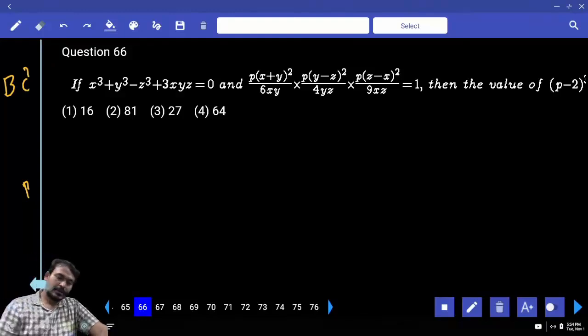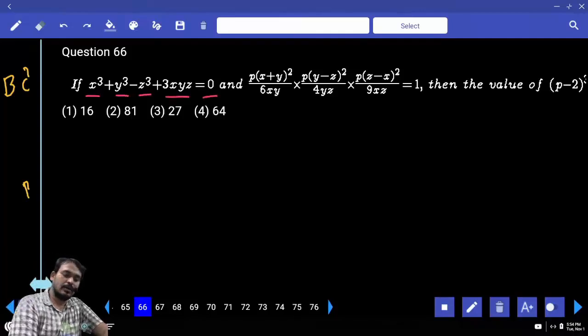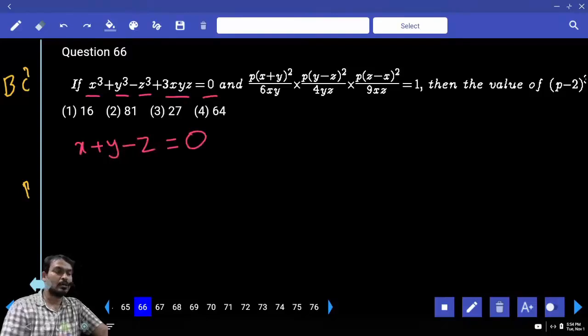Okay. First of all, x cube plus y cube minus z cube plus 3xyz equal to how much? 0. This one, x plus y minus z equal to 0 or not?